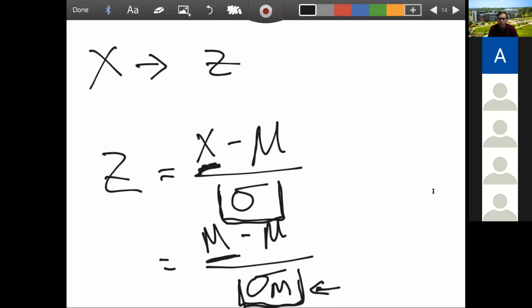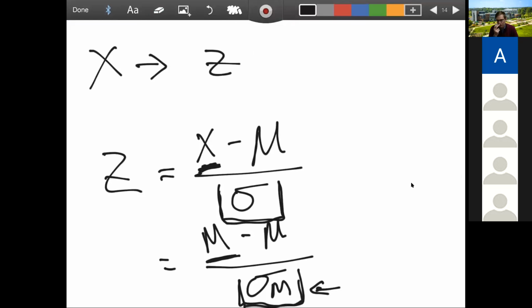Based on her question, I had a question. Would there ever be a question where you don't have X and you don't have Z at the same time? Like, find the Z, but I don't give you the X. You'll always have at least one of these, at least Z or at least X. Okay.